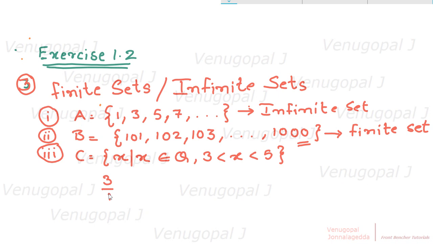Any number divided by 1 is the same number. So we can consider this as a rational number.